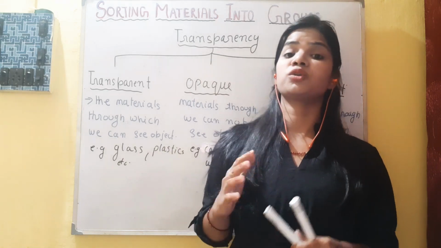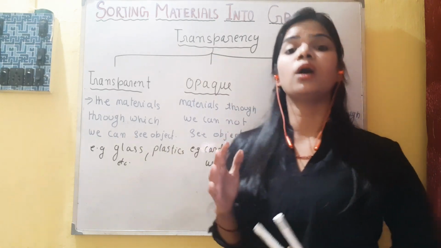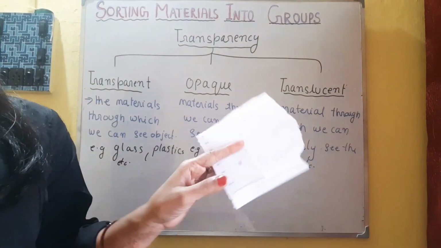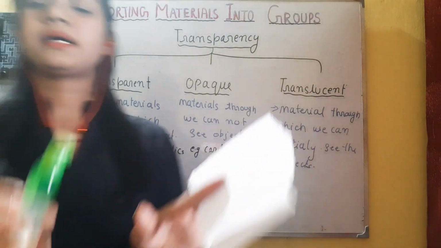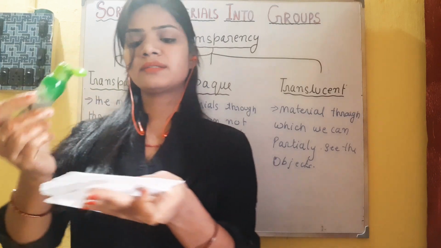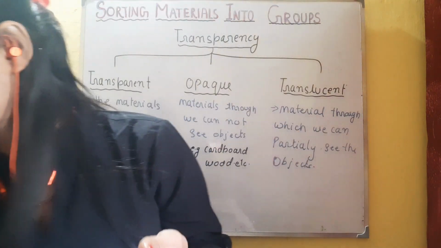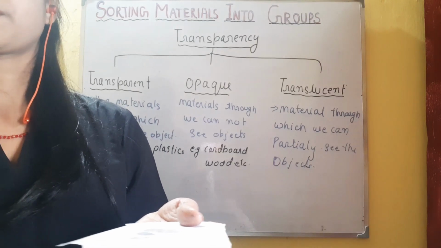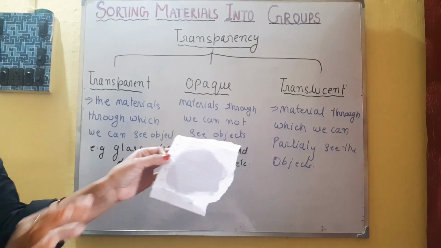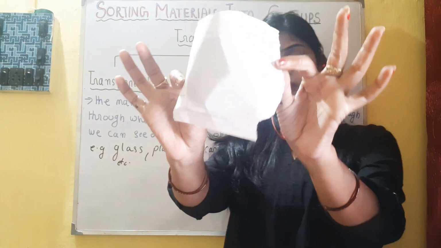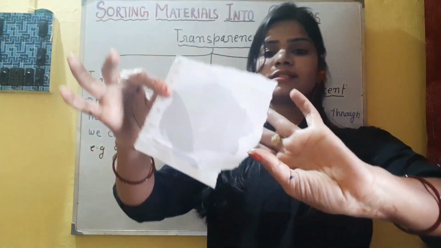Whereas translucent is a type of material or the property of material through which we can see partially. Okay, through which partially we can see the object. For example, this is paper and I'm putting some drops of oil on it. Okay, wait. Now after putting some drops of oil, this paper has become translucent.